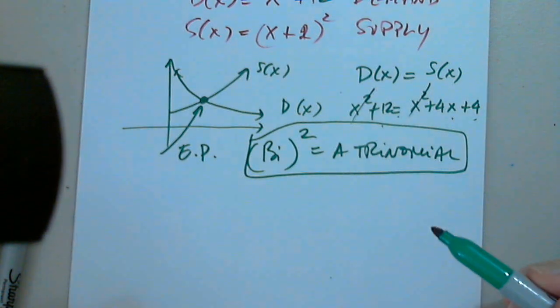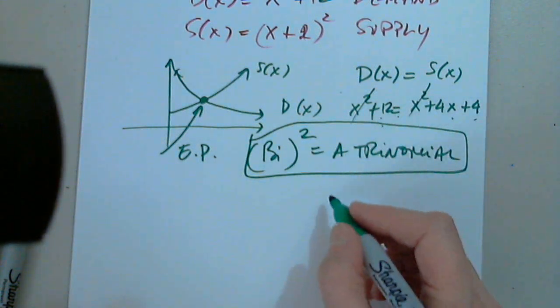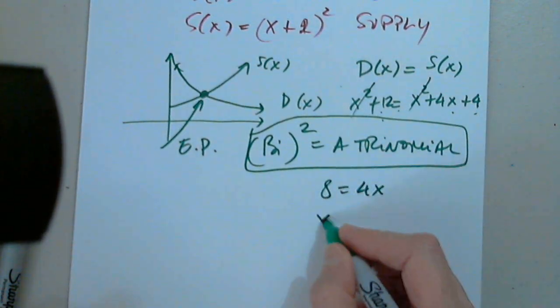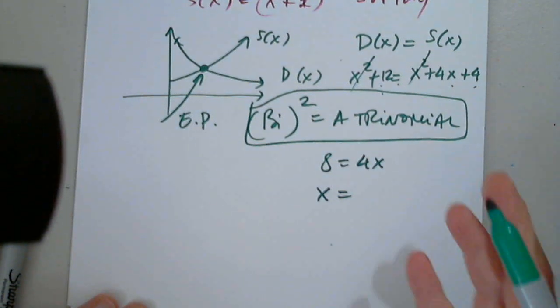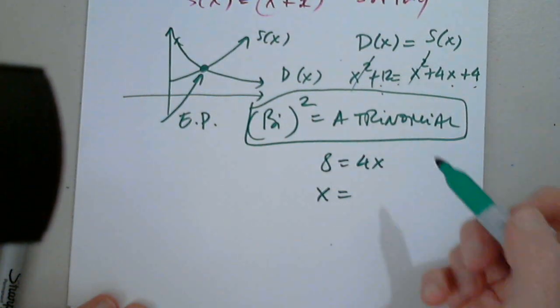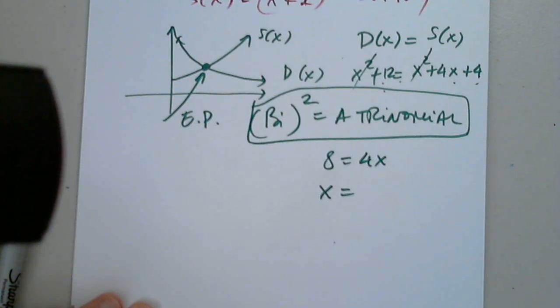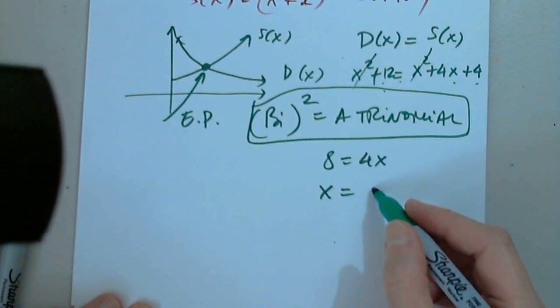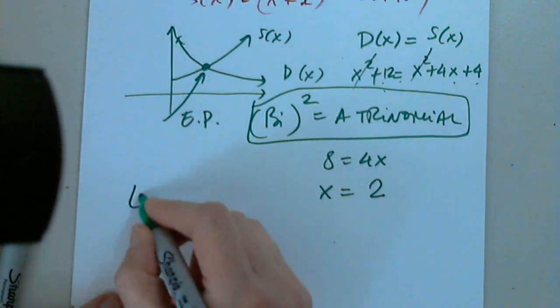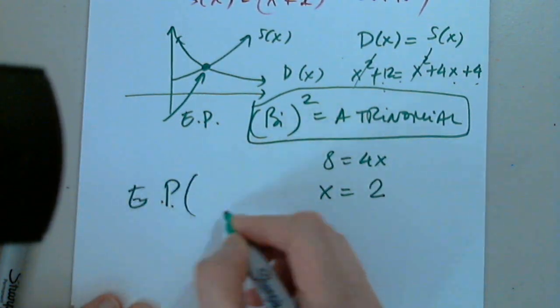So I simplify. I subtract 4 from 12, and I get 8 equals 4x. I can get number of units that is negative, so I had to make that change. So what is x? Two. Very good.